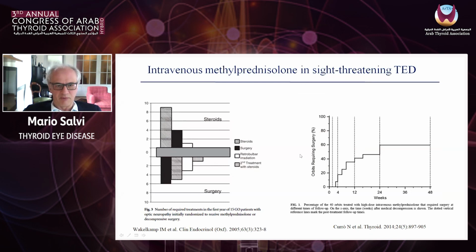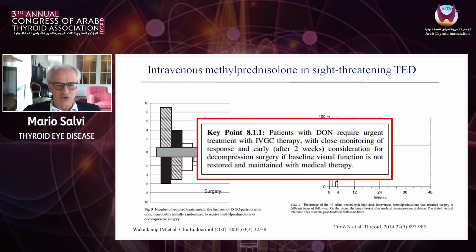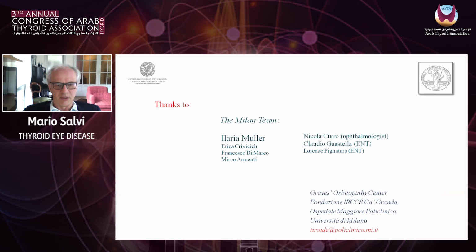About 40% of patients treated with high-dose steroids do have a response and are spared orbital decompression. So the conclusion of the task force was that patients require urgent treatment with intravenous steroids and close monitoring of response, with decompression surgery if they do not respond.